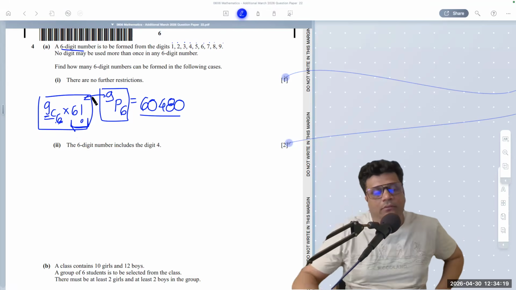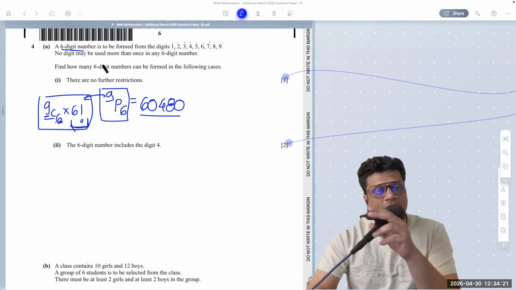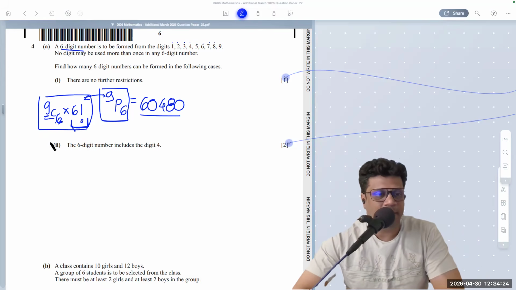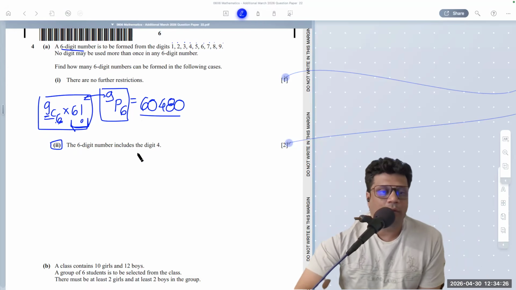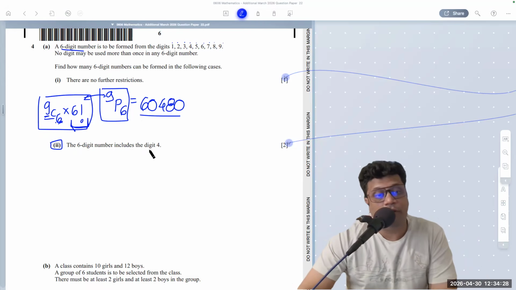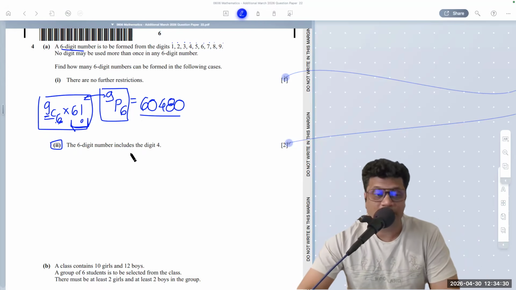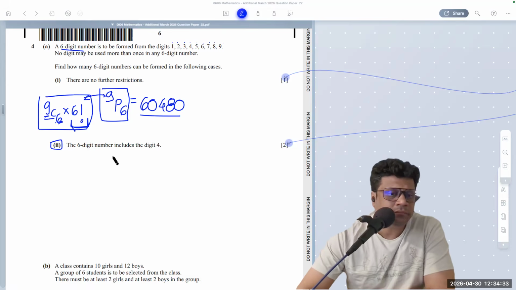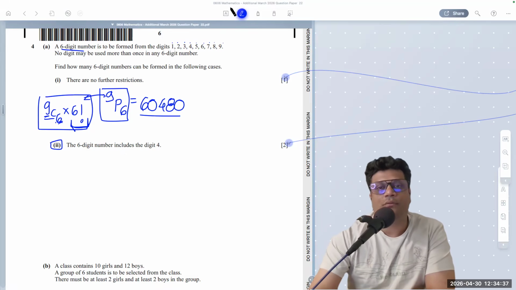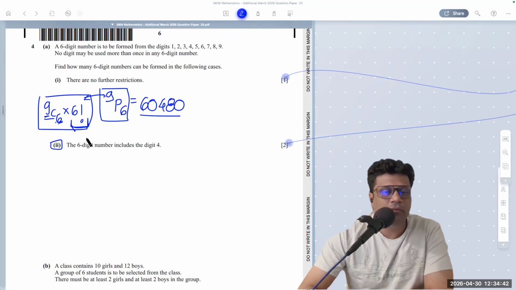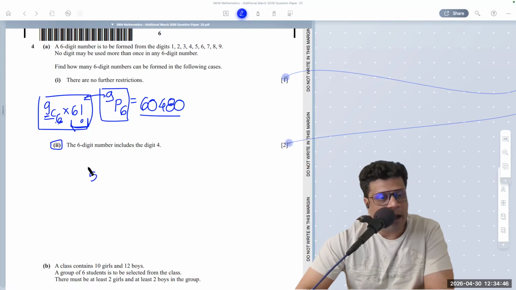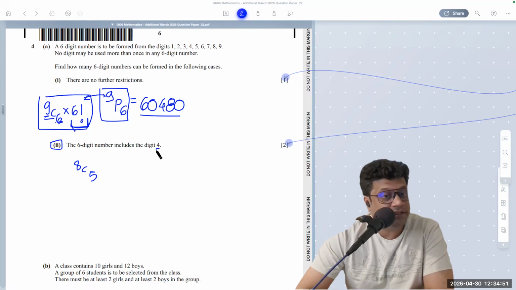Now, in part 2, they say number of 6-digit numbers that include a 4 for sure. The 4 has to be there. Well, there are many, many approaches to it. What I would want to do in my attempt is take 5 digits out of those remaining 8, because 4 is always going to be there.